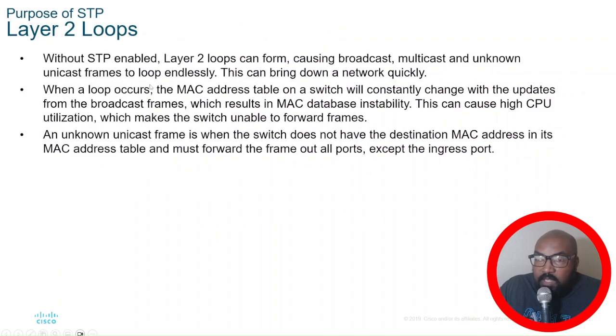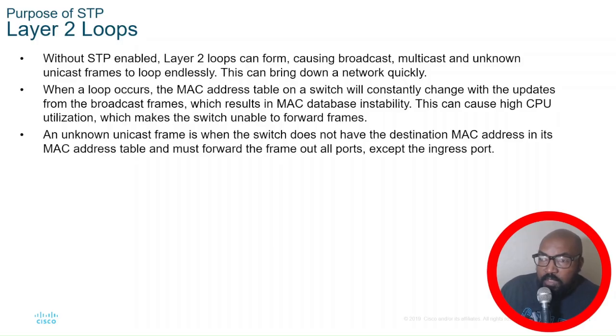Without STP enabled, layer 2 loops can form, causing broadcast, multicast, and unknown unicast frames to loop endlessly. This can bring down a network completely, right? This is very big. So STP is very important. Later on in the video, we're going to get into all the different variations of STP, but STP is very, very important.